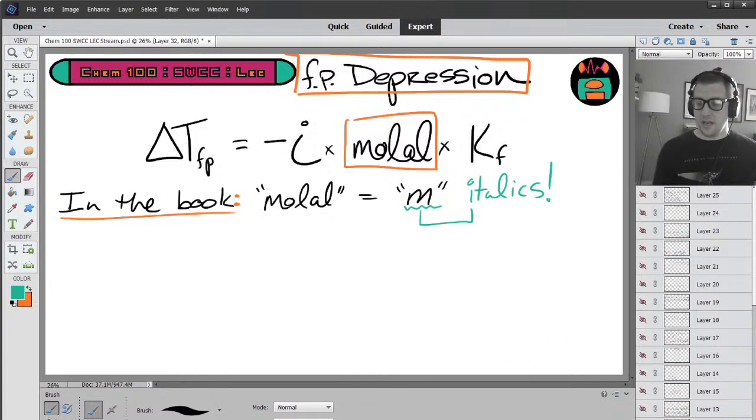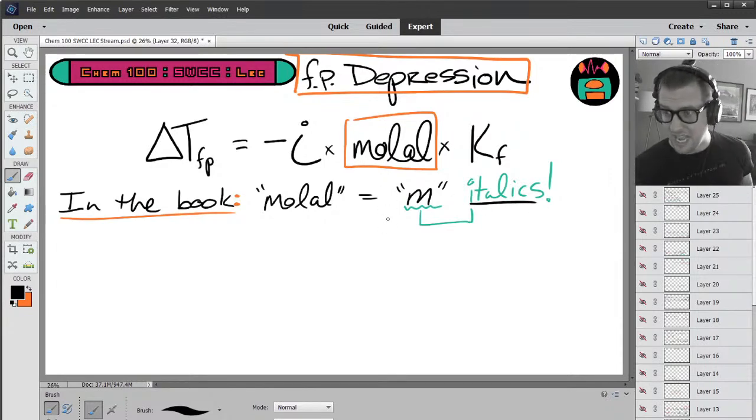All right. I don't know about you, but my italics M just looks like my normal M. And so I didn't want to write this as an M because if I did, you'd look at that and think mass, and it's not mass.